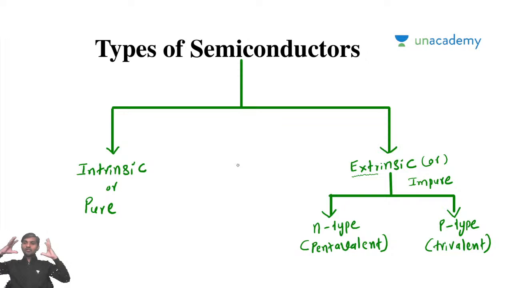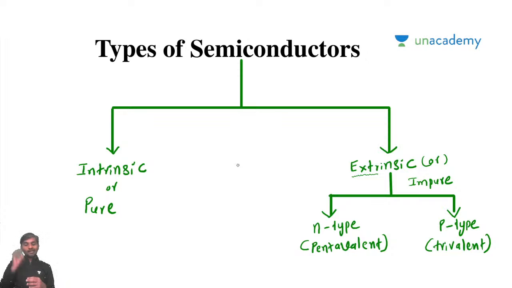If you listen to my first class, I told you that the whole concept is about the flow of charge carriers, the flow of electrons. An electronic device is a semiconductor device in which electron flow happens. That is the most important thing we should discuss now.